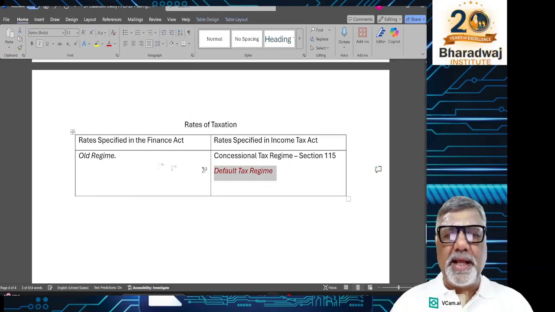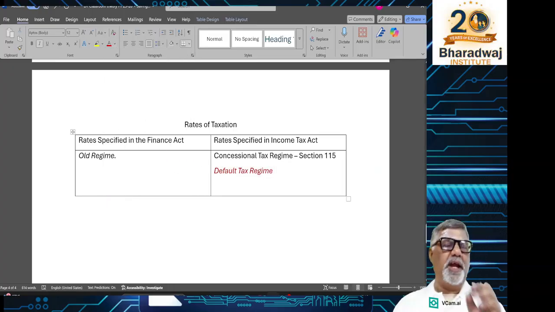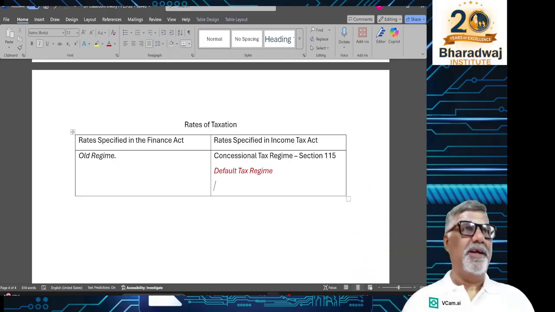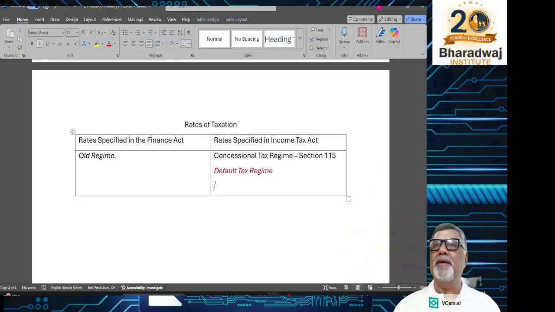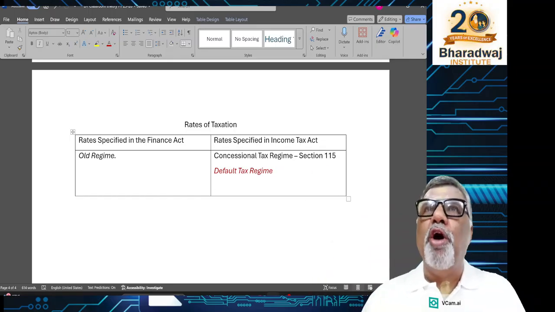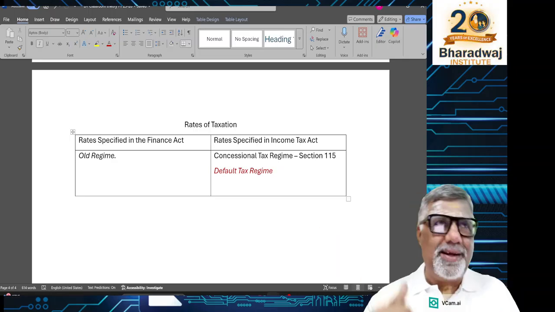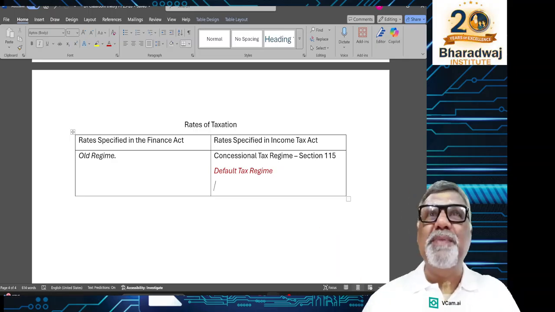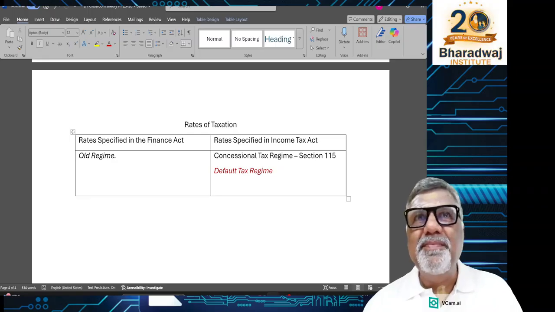Why is it known as the default tax regime? Suppose I am the employer. I give a form to you on 1st of April asking for your house rent allowance, rent paid, your investments, any housing loans, other incomes.